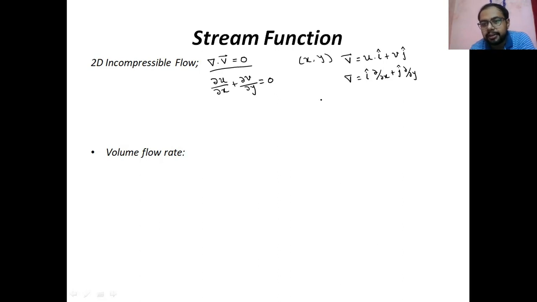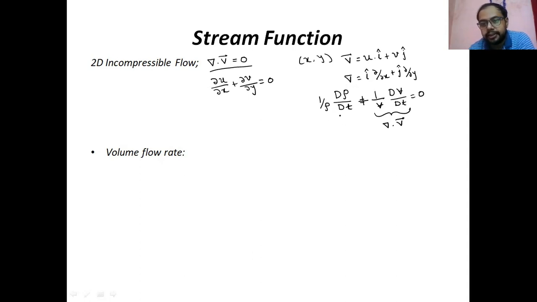How is it a continuity equation? If you remember from the control mass system, the continuity equation we solved gave 1 by rho times the total derivative of the density with respect to time, plus 1 by v dv/dt. That is nothing but the volumetric strain rate. In the case of incompressible flow, this term itself is 0, so the other term also becomes 0.